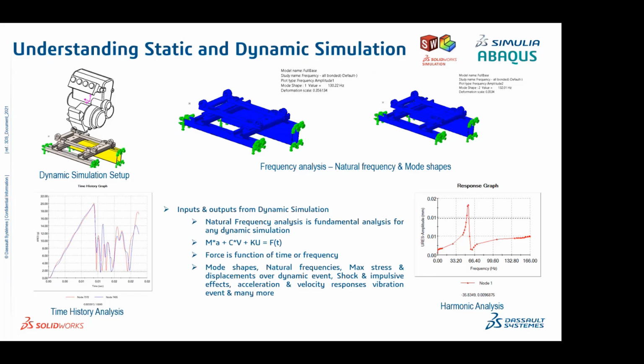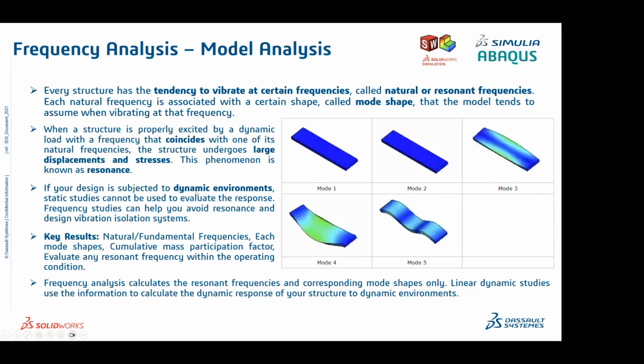In dynamic simulation, during the dynamic event, we evaluate what stresses and displacements develop across the time steps or frequency domain, and you evaluate the maximum stresses and displacement. You will also be validating the shock and impulsive effect, acceleration or velocity with respect to the vibration event and many more, right? So we will see each case in detail.